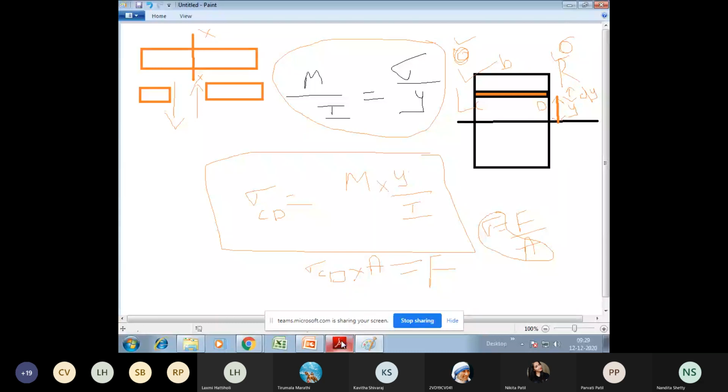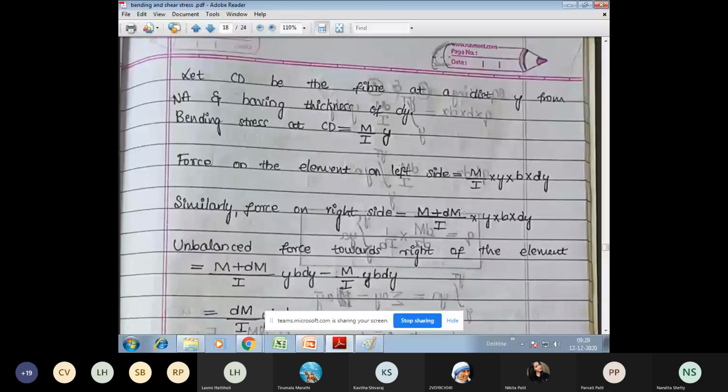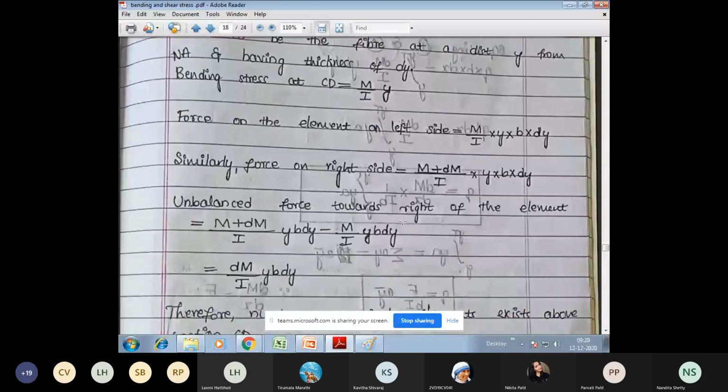When you observe clearly, let me explain this once again. This is the left side force, m by I, y, b into dy. This is the right side force. If you observe this carefully, is it the same or is it different?